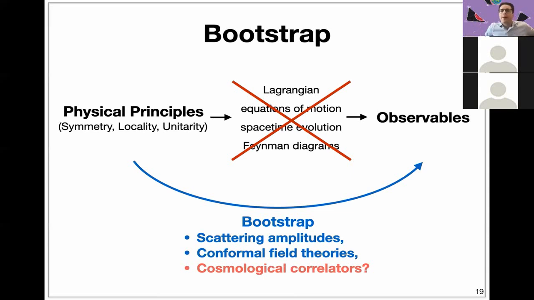So the bootstrap is something that was proposed in the 60s and had success stories in the 80s and a whole revival in the early to mid 2000s, early 2010s.